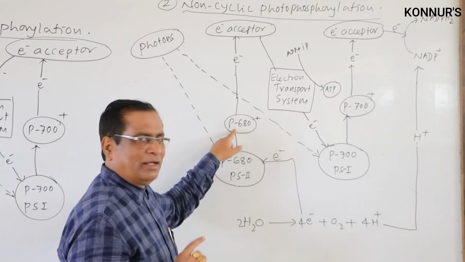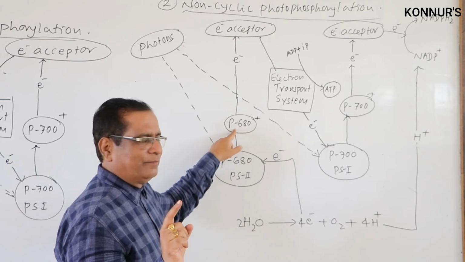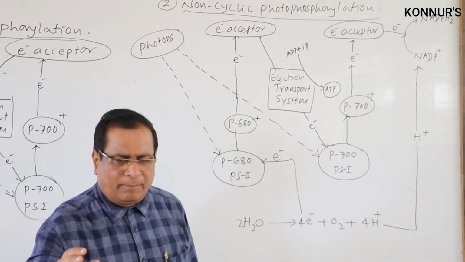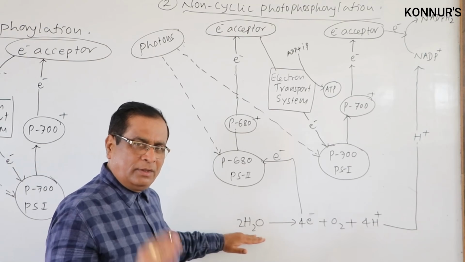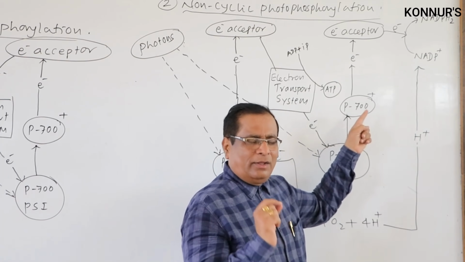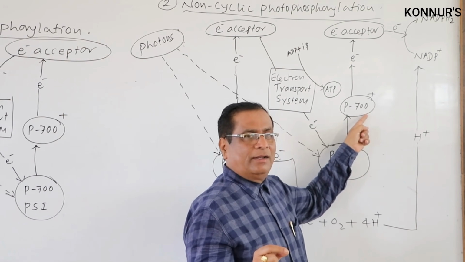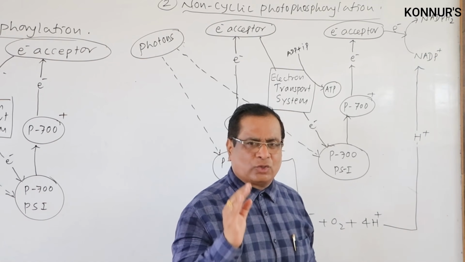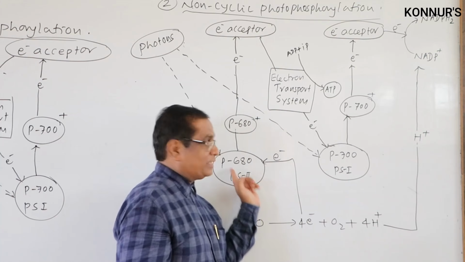The excited P680 comes to ground level by getting the electron from photolysis of water, and the excited chlorophyll 700 of photosystem first comes to ground level by getting the electron from photosystem second.